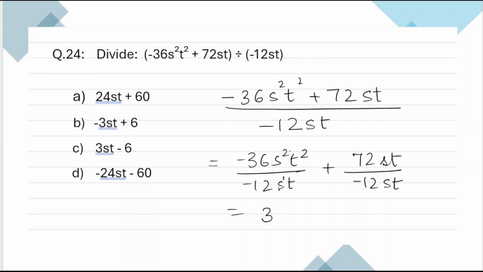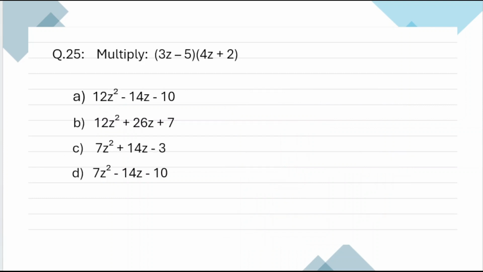The bases are same, they are being divided, so the exponents will get subtracted. So 2 minus 1 is 1, so 3s1 or just s. T square divided by t1 is again t1. Plus 72 divided by negative 12 is negative 6. St divided by st, cancel. So my answer is 3st minus 6. And where is our answer? It's option C.